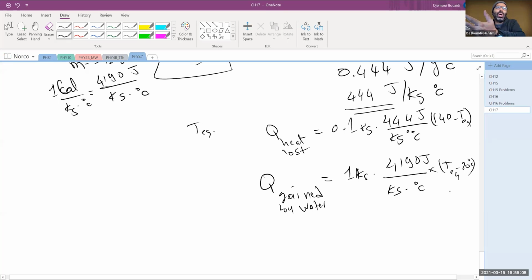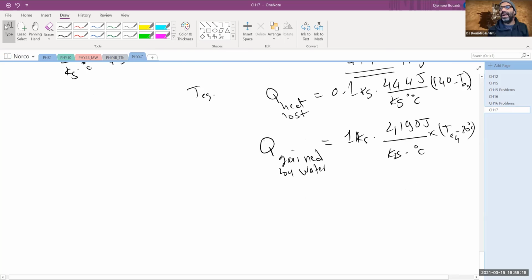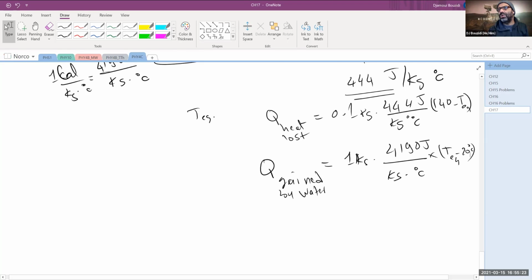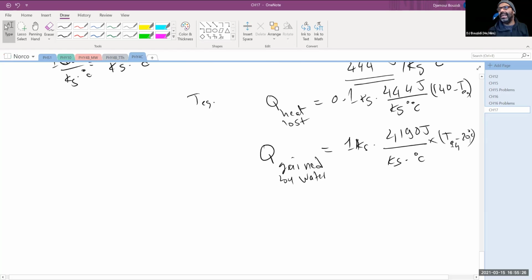I have an equation now to solve for this temperature. If I equate the two quantities, first of all, the kilogram cancels the kilogram, the degree Celsius cancels degree Celsius, and at the end the joule cancels the joule. So everything will be the same at the end.